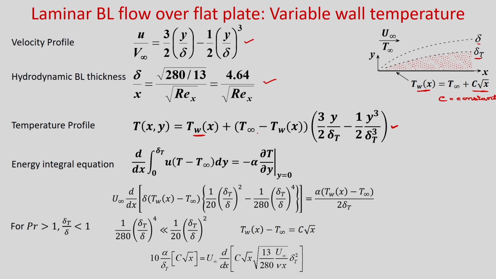So, T_W(x) plus T infinity minus T_W(x) into 3 by 2 y by delta T minus half y cube by delta T cube, and this is your energy integral equation, right. So, now in this expression you put u and T. Okay. Already we have derived this, but here T_W is a function of x because your wall temperature varies like this.